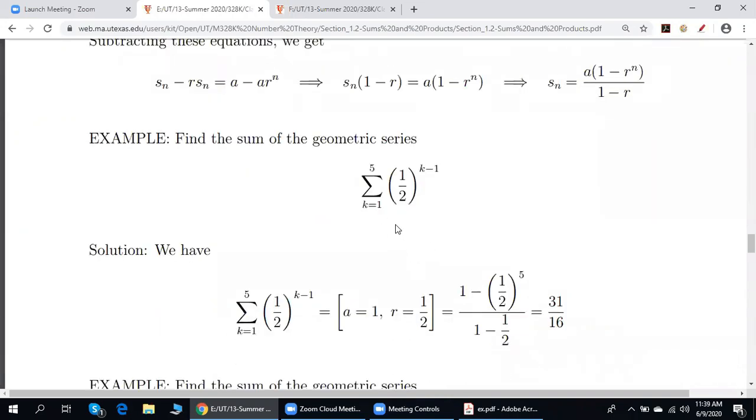Now, term number 1 means k is equal to 1. If k is equal to 1, the power here is 0. 1/2 to the 0 power is 1, so a is equal to 1. It's pretty obvious that r is 1/2. Just look at the formula.